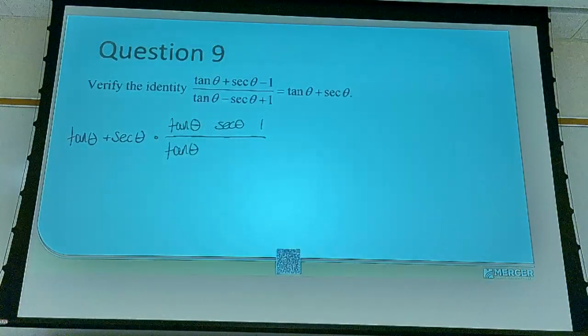Looking at the wrong one. Minus secant theta plus 1. And here I kind of just notice, I want a tangent theta minus secant theta plus 1 in the denominator. So I'm going to force 1 in the denominator by multiplying by 1. And then just proceed from there. Let's see what we get.